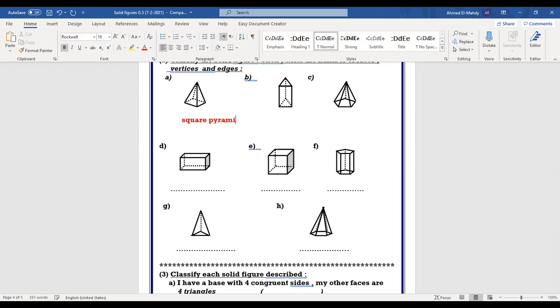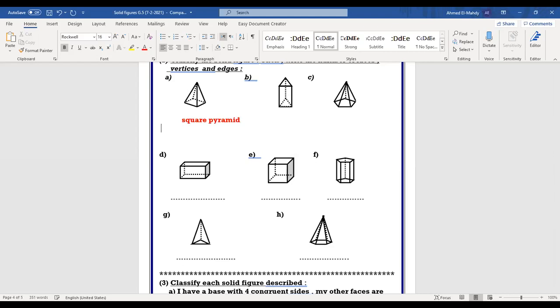Square pyramid. Okay. To find the number of faces, firstly, how many sides in the base? 1, 2, 3, 4, 5. Is this a square? How many sides in the square? 4.